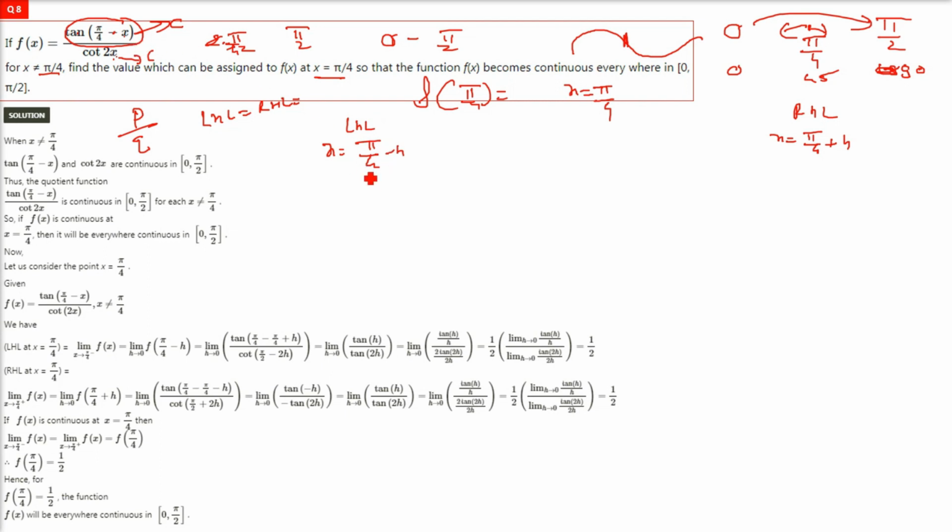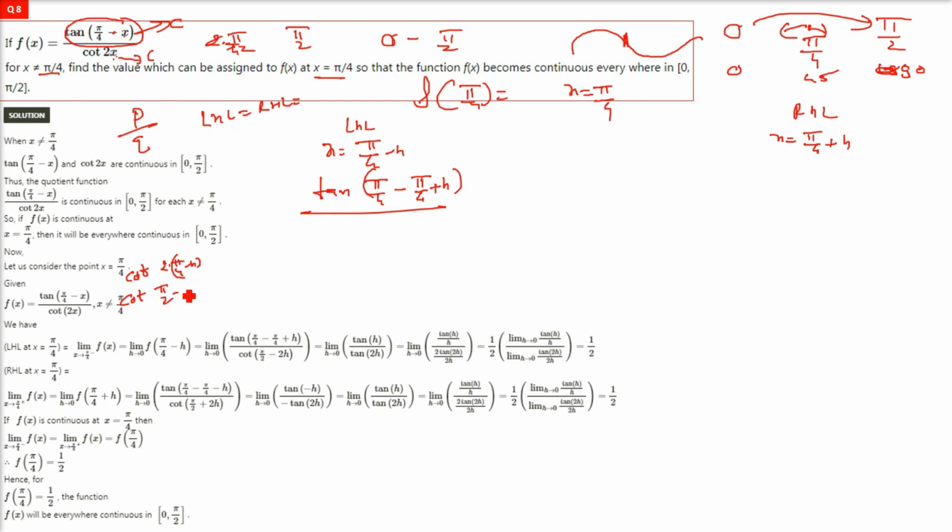Okay. So for pi by 4 minus h, we have tan pi by 4 minus x. In place of x, let us replace by pi by 4 minus h, which is eventually going to be equal to pi by 4 plus h... tan h in the numerator, since pi by 4 cancels. In the denominator, we have cot 2x, in place of x we place pi by 4 minus h.